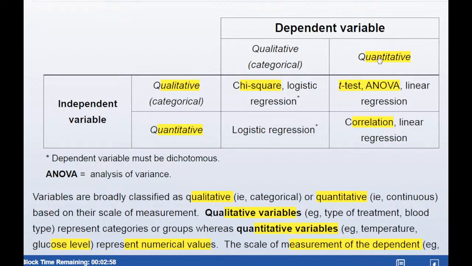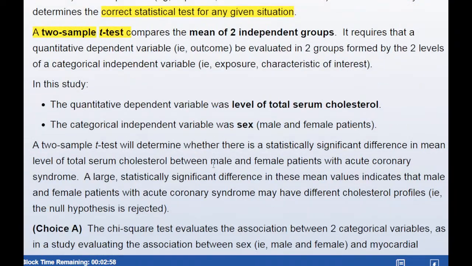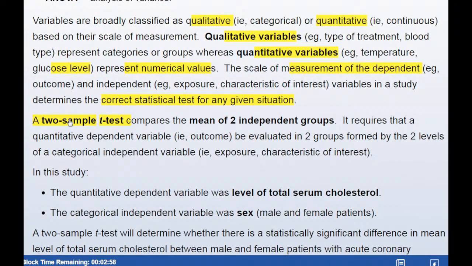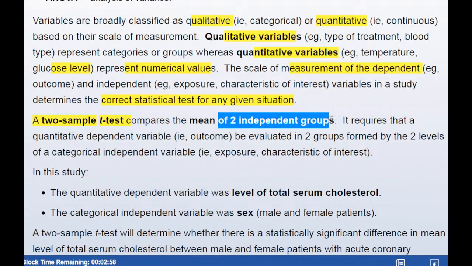You have one for quantitative and another for qualitative. So we are doing some mnemonics here. Two sample means two independent groups, one qualitative and another quantitative.